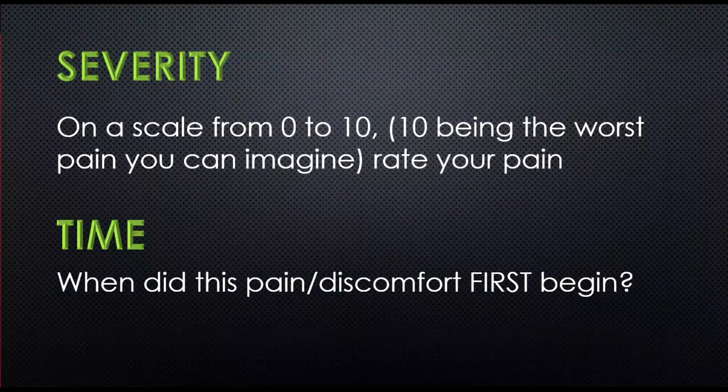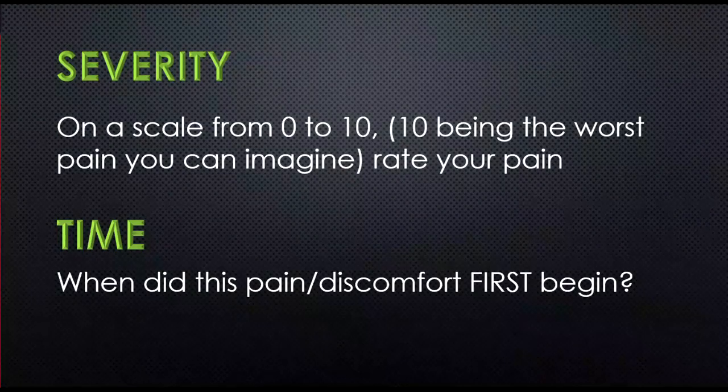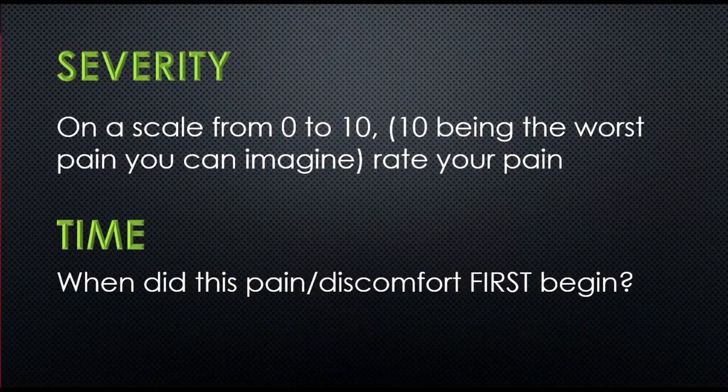Okay. So the last one on this is time. And remember I said at the beginning when we talked about onset? So here I'm going to say, when did this pain or discomfort first begin? When did this episode begin? But I want to look at the big picture here.